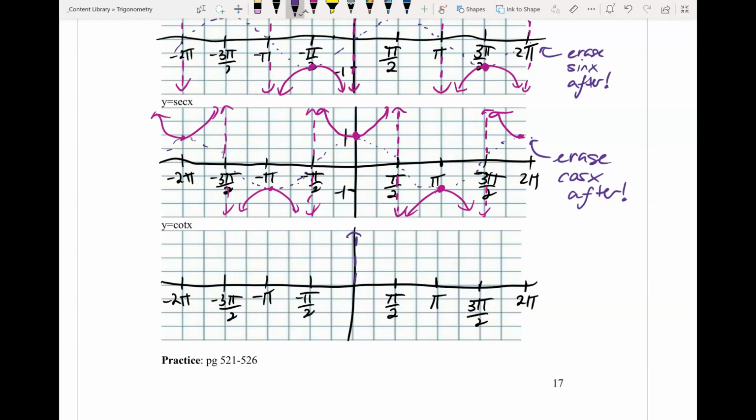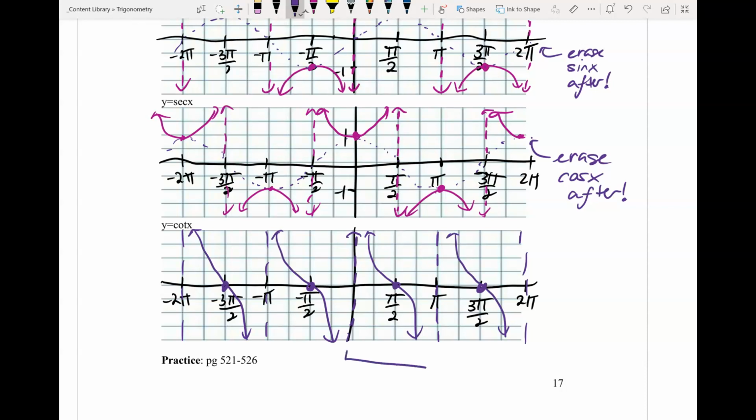So we're going to have an asymptote right at 0, at pi, 2 pi, negative 2 pi. Then our zeros are going to be at pi over 2, 3 pi over 2, negative pi over 2, negative 3 pi over 2, and in between our asymptotes we should have something that looks like it's decreasing.